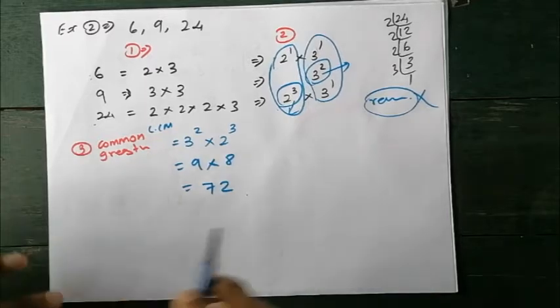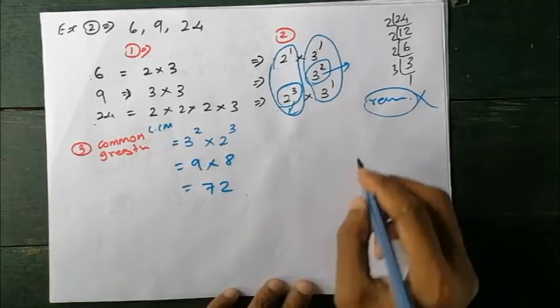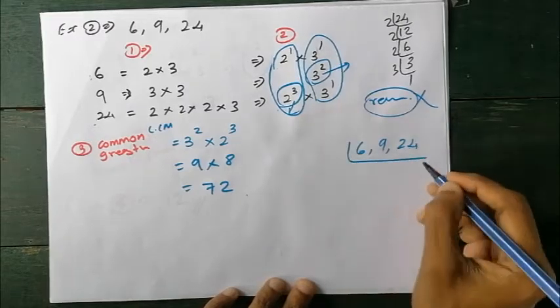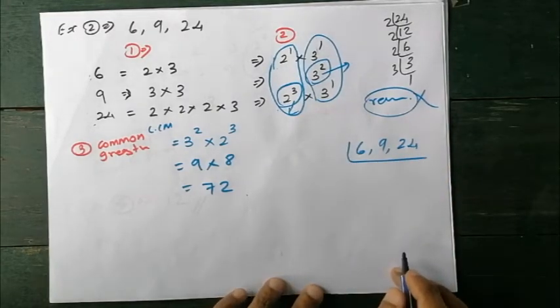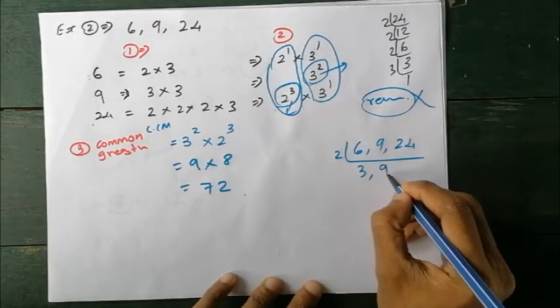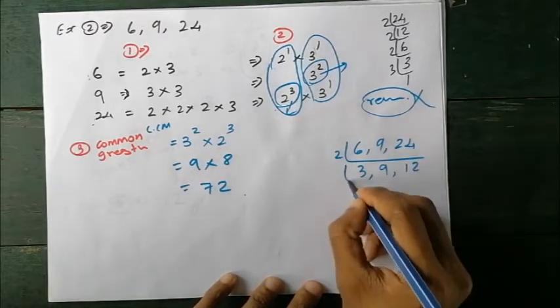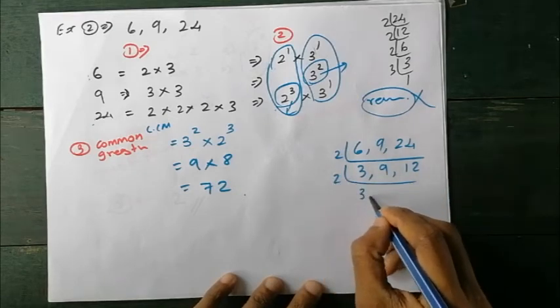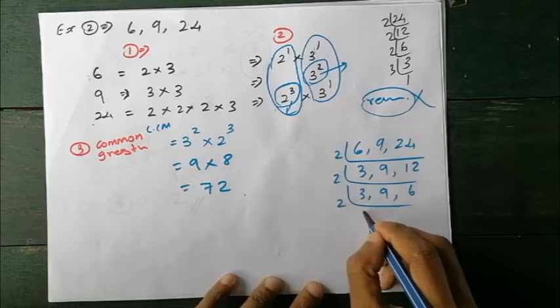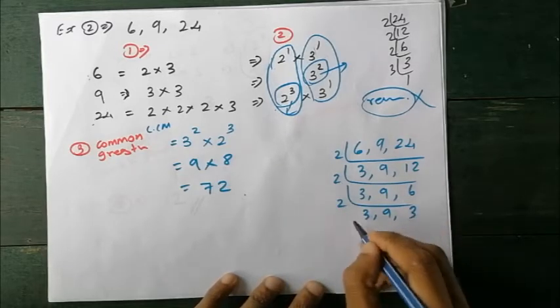Okay. We do it with the first method. 6, 9, 24, dividing with the L division, prime factors. Dividing by 2, 3 times we can divide, 12. Dividing by 2, can't divide 3 and 9. 12, it's 6. Dividing by 2. 3, 9, it's 3.